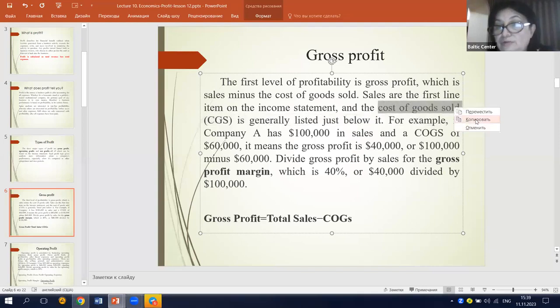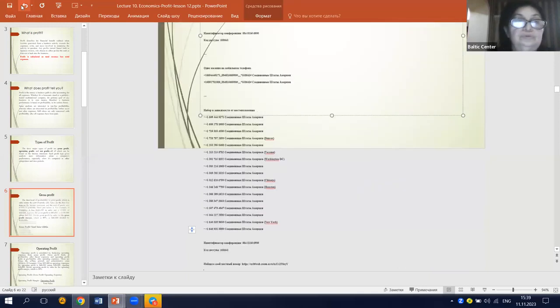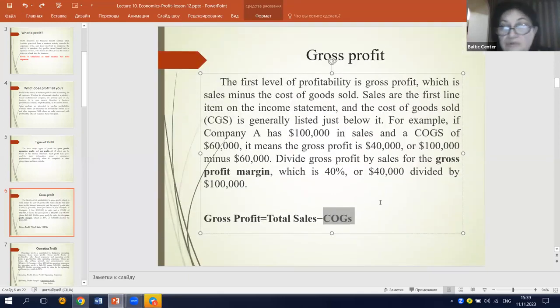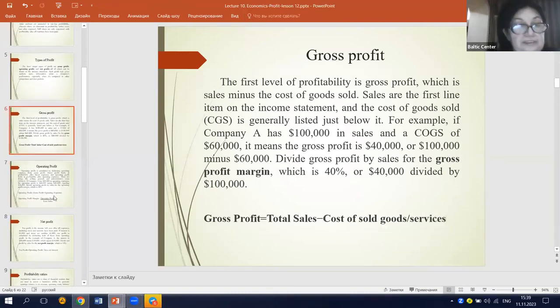I will give you this one without abbreviation to make it clear: cost of sold goods or services.